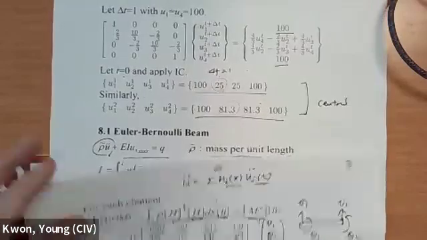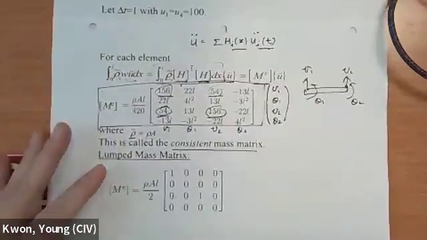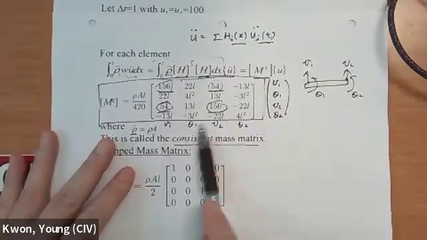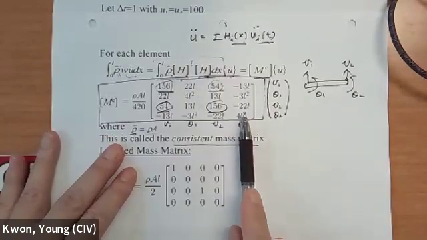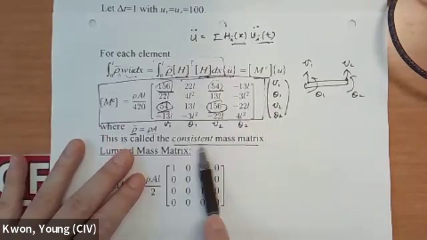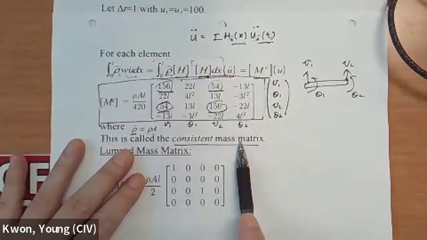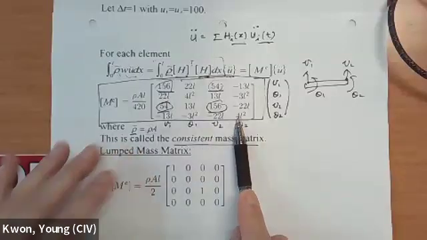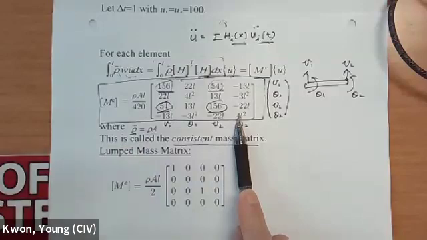That is the governing equation. But when you translate into Galerkin's formulation like this one, using the same procedure, we came up with this matrix, and we call this the consistent mass matrix. Why we call it consistent means that the mass matrix is constructed in the same way as the stiffness matrix. No difference.